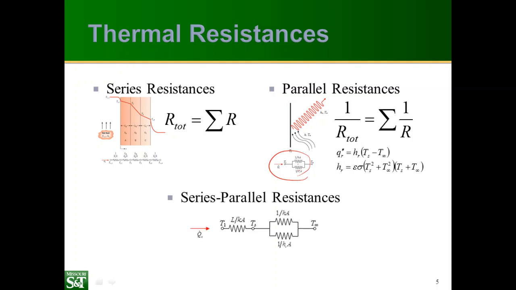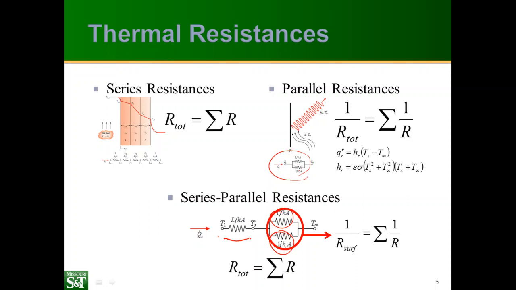And we can also have series-parallel resistances. For instance, in this case, we have conduction from one surface to another surface, and then we have convection and radiation from the surface. So in this case, we're going to convert this to a surface resistance. 1 over R_surface is going to be the sum of 1 over R_conv and 1 over R_rad.